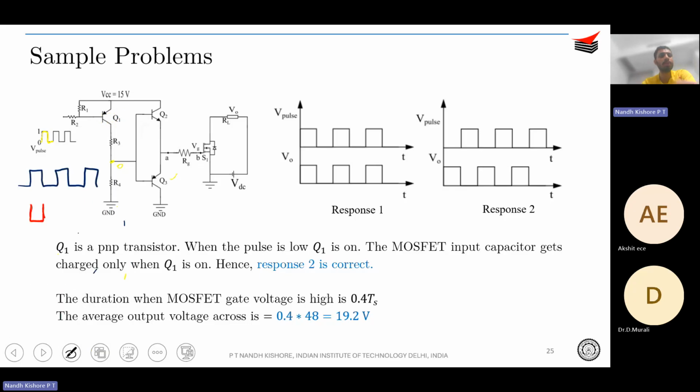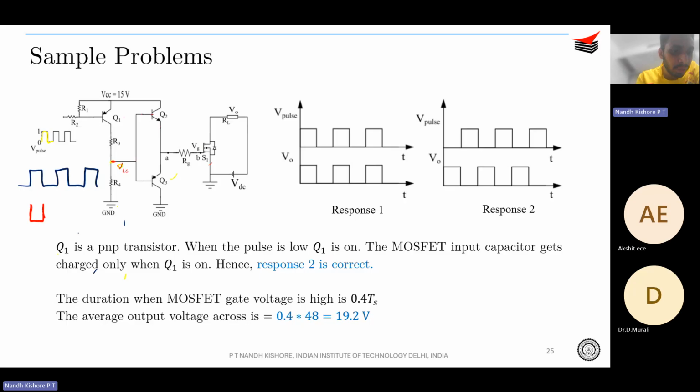And then what would happen? Your PNP is forward biased, therefore VCC gets connected to this point. So this would be VCC. If this point is VCC, then obviously Q2 gets forward biased because you can understand base would be more positive than the emitter. Therefore, you will have a high pulse to VG and your MOSFET S1 is going to turn on.